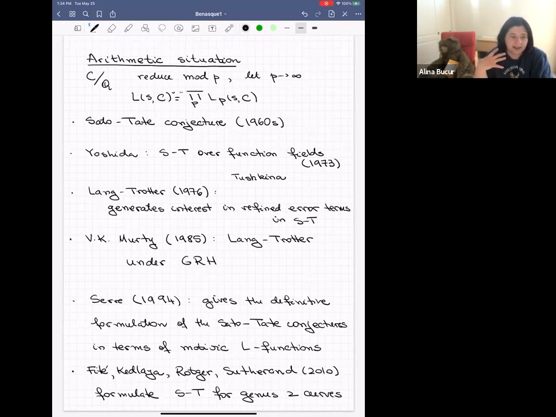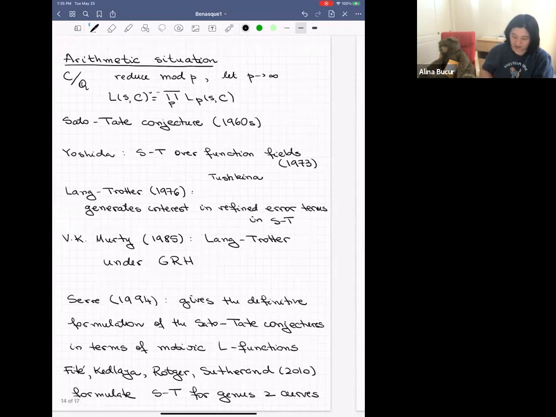And the 1994 paper by Serre gives the ultimate formulation in terms of motives. And then in 2010, Fité, Kedlaya, Rotger, and Sutherland formulate the Sato-Tate conjecture for genus 2 curves.